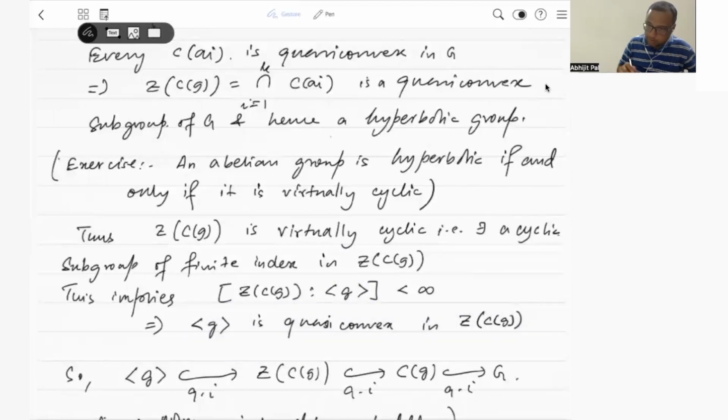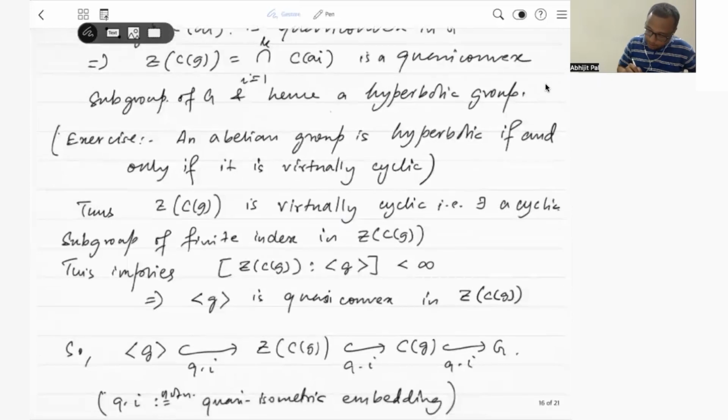So by a previous theorem, the embedding of this cyclic subgroup in the center of the centralizer will be a quasi-isometric embedding.